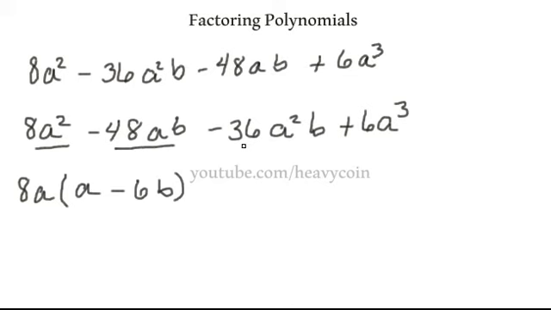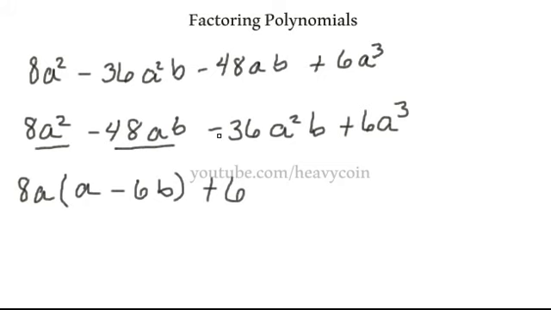Now in this particular one here, let's see, what can we pull out? Well, we know we got a's over here, a's over here. 6 goes into 36, so it looks like I'm going to factor out a 6. Now watch what happens.